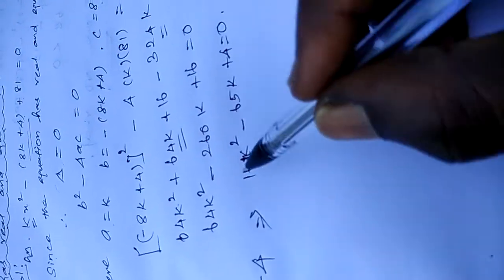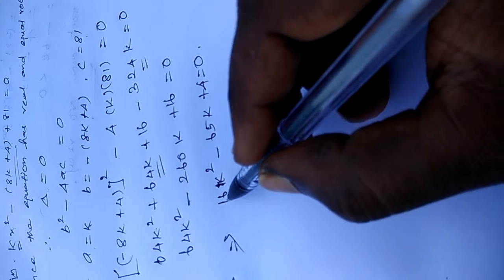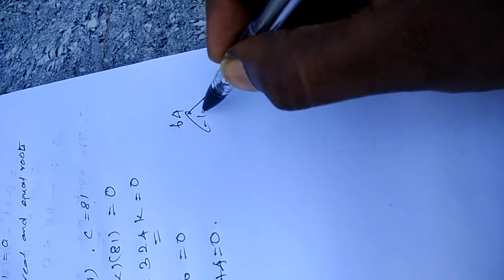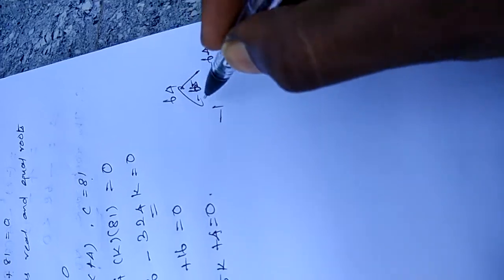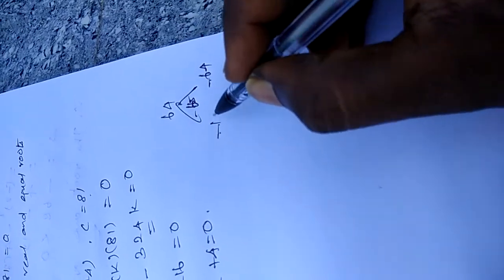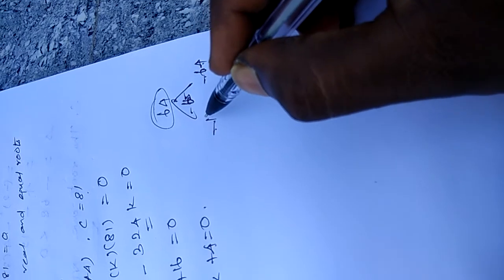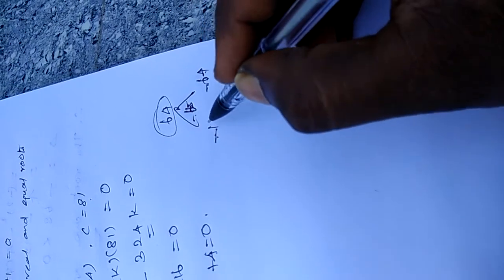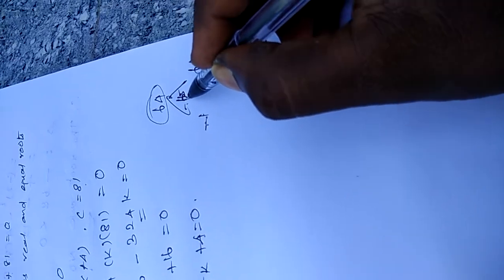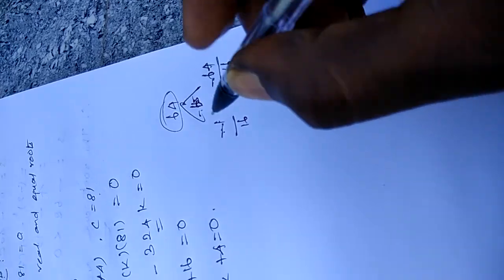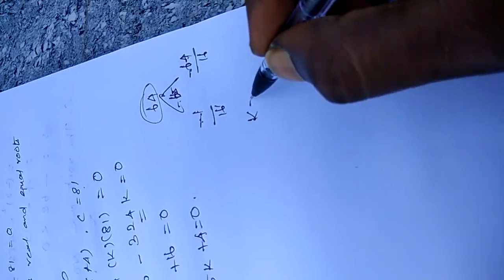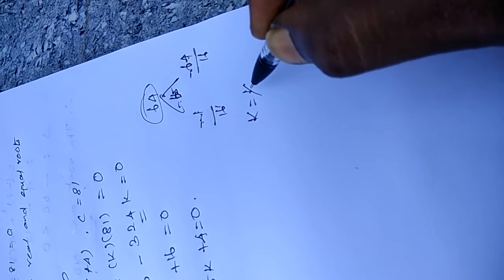Given this quadratic equation, from the sum of roots and product of roots: 16 into 4 is 64, and the sum is minus 65, so minus 1 and minus 64. Dividing 16 by 16, k is equal to 1 by 16.